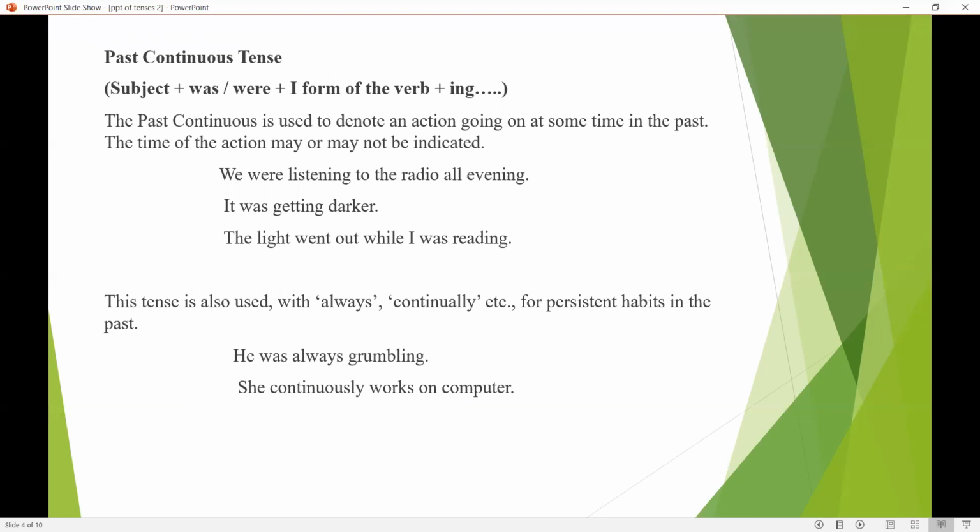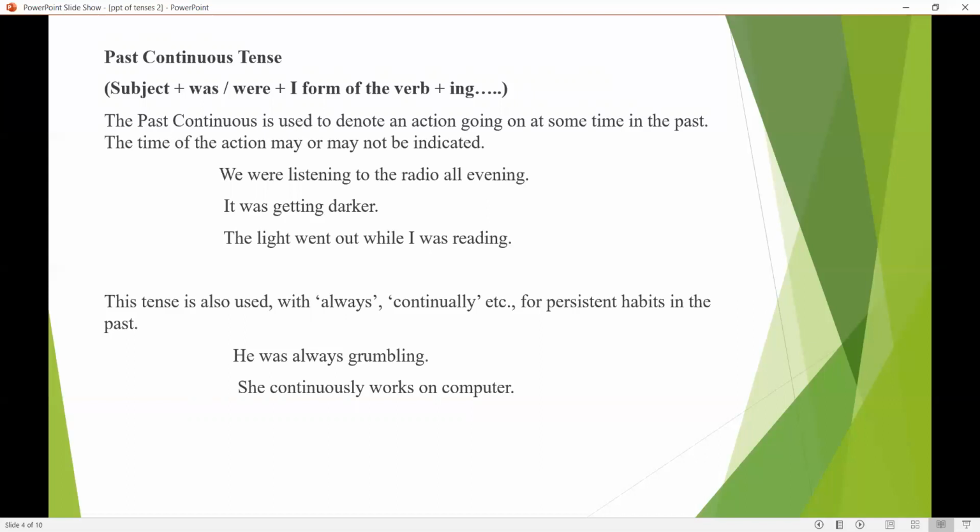Past continuous tense. Now, the past continuous tense sentence has a structure which comprises subject plus was or were, depending on the singular or the plural subject, plus first form of the verb adding ing.